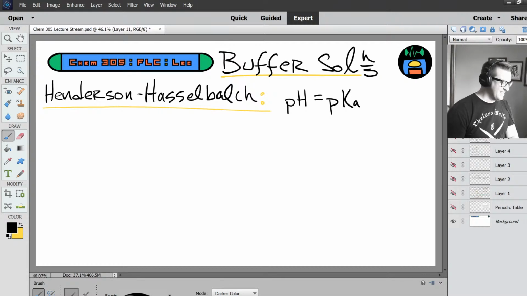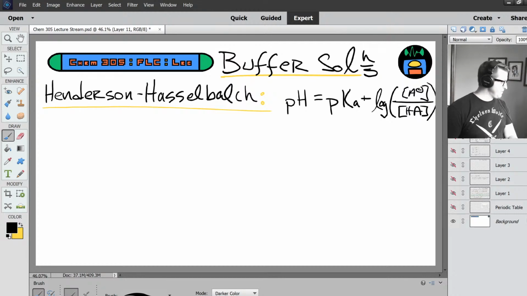The David Hasselhoff equation is: the pH of the buffered solution is equal to the pKa plus the log of the concentration of conjugate base divided by the concentration of our weak acid.